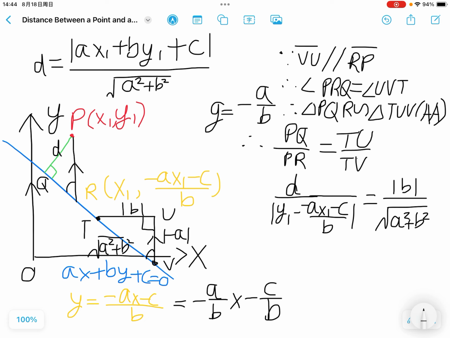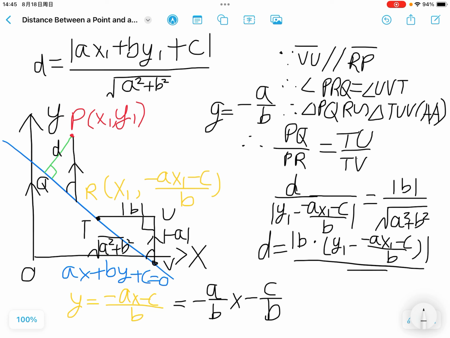Okay, so we want d on one side, so let's just multiply both sides by this absolute value thing here. We get the absolute value of B times Y1 minus (AX1 minus C) over B, and then that's absolute value over root A squared plus B squared.